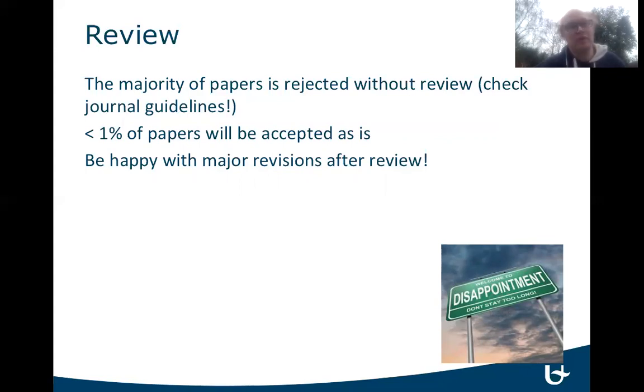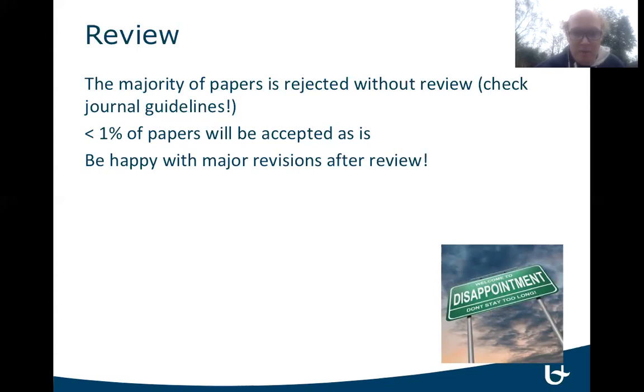But then also you need to realize that I would say less than 1% of the papers will be accepted as is. Most of the papers will also be rejected again, but after reviewers have given arguments for this. And if you're lucky, you get a major revision. If you're very lucky, you get a minor revision.